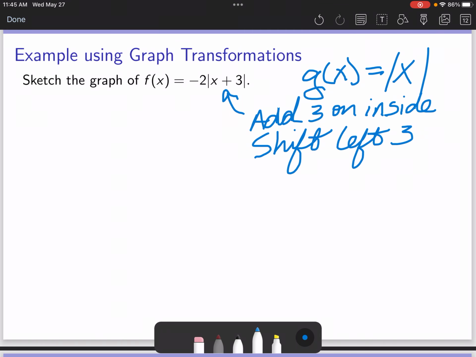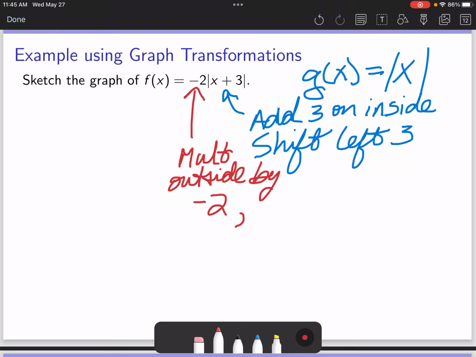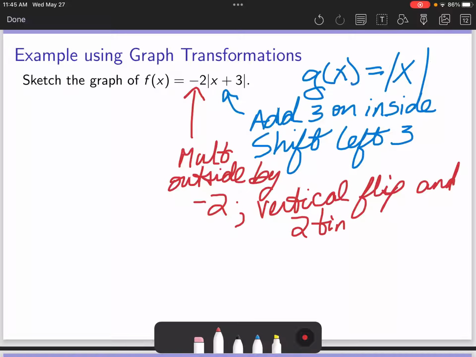And then on the outside, we are multiplying by negative 2, which is a vertical flip because it's negative, and it's 2 times taller. It's a vertical stretch.